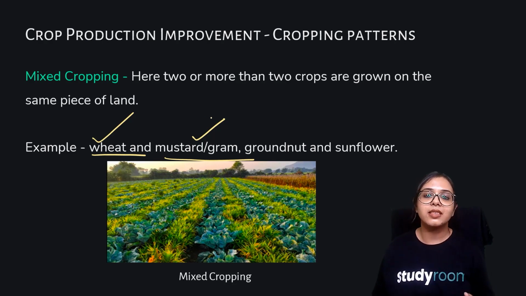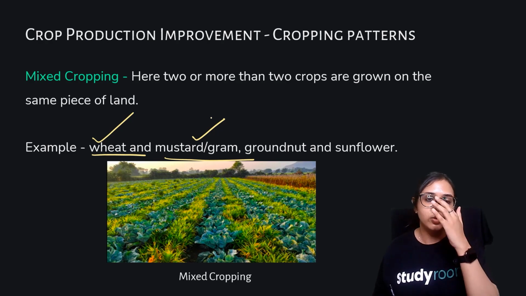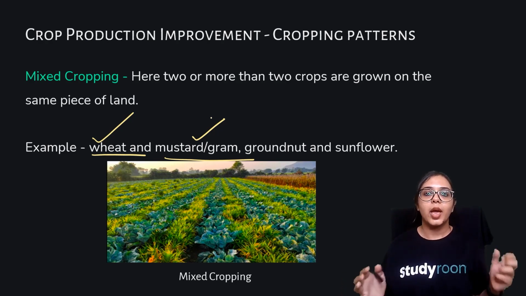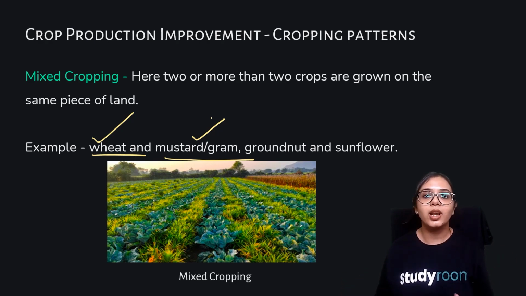All right, and since they are being sown onto one farm area, the farmer is ensuring that the different nutrients present there are all being absorbed, all of them are being utilized by the two different sets of plants equally, so that there is no wastage or so that there is no lack of nutrients.